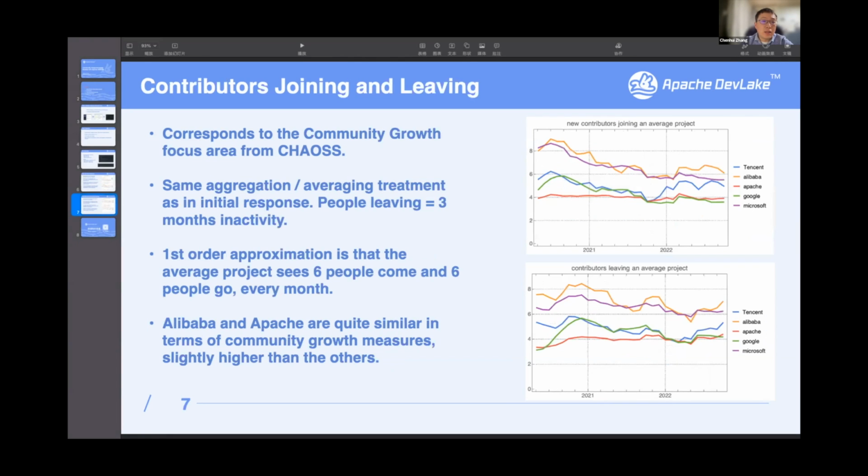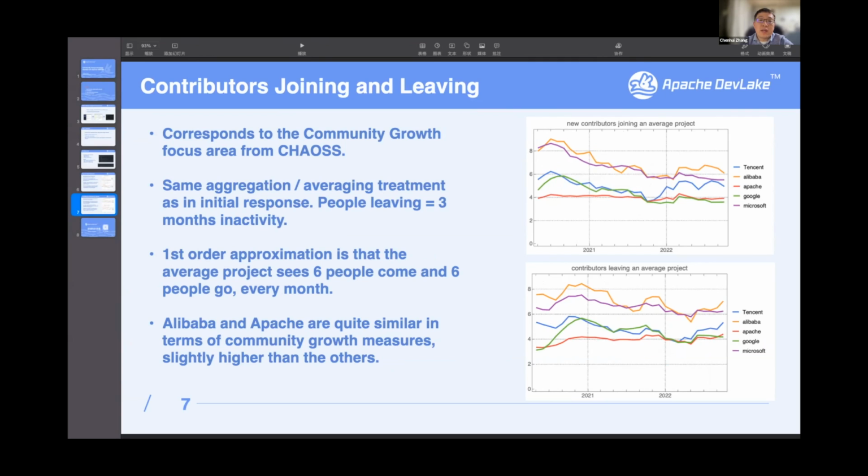So next slide, community growth. Next, we turn to community growth metrics, which correspond to the community growth focus area from CHAOSS. The questions to be answered are: how many contributors are making their first contribution to a given project? And how many contributors have gone inactive over a specific period of time?